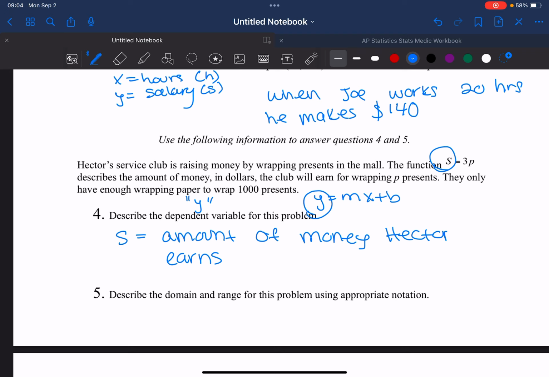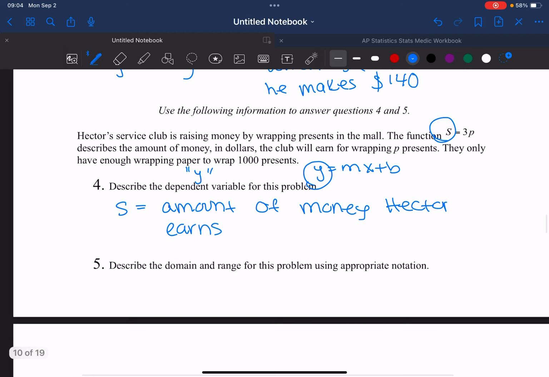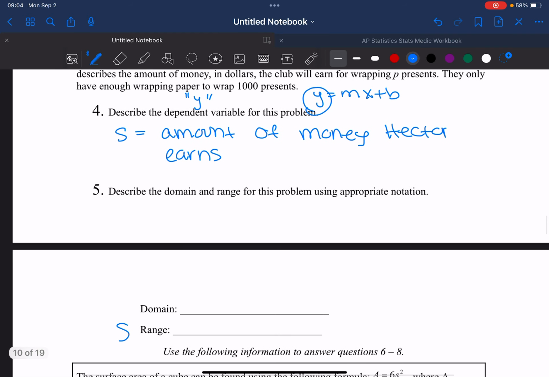So remember, we're saying our dependent variable, our y, is our range. So the amount of money Hector earns is our range. Okay. So this is our money, which means that our domain is the amount of presents he wraps. So P, the amount of presents he can wrap.